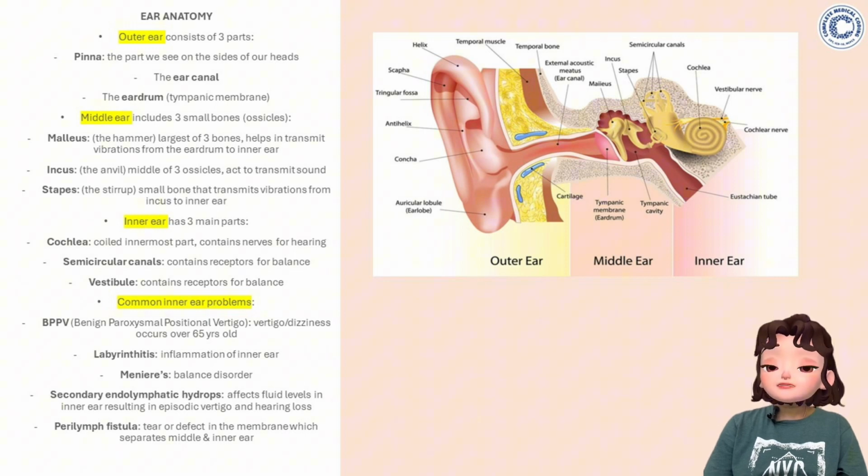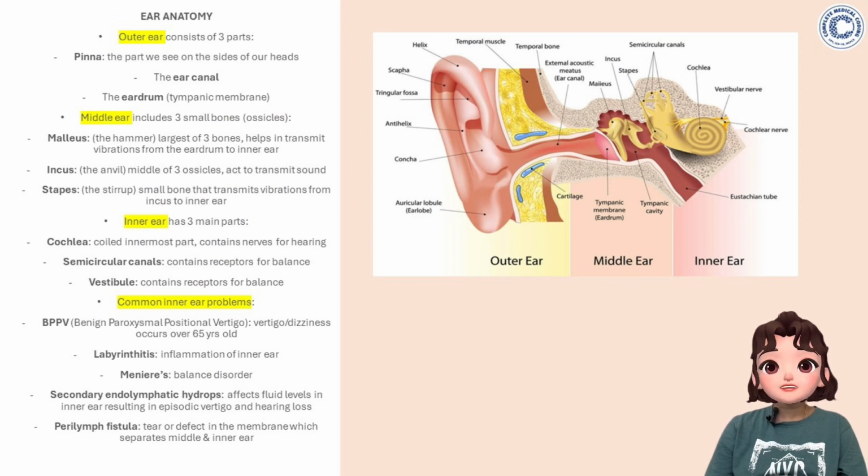Labyrinthitis means inflammation of the inner ear. Meniere's disease is called Meniere's ear balance disorder. Then secondary endolymphatic hydrops affects fluid levels in the inner ear, resulting in episodic vertigo and hearing loss.